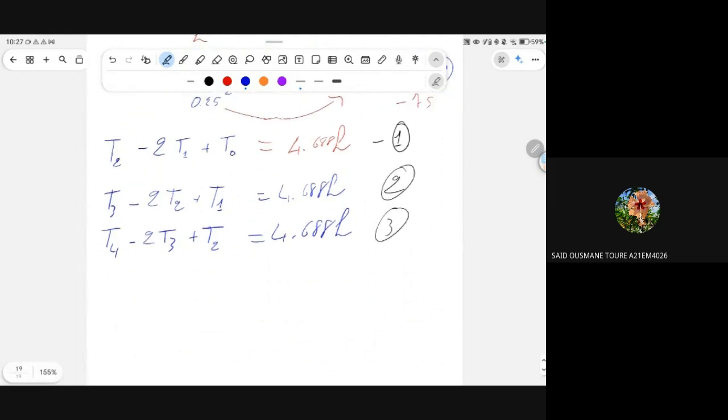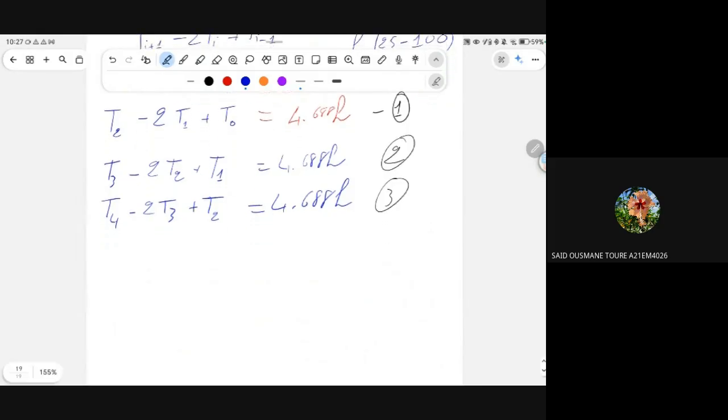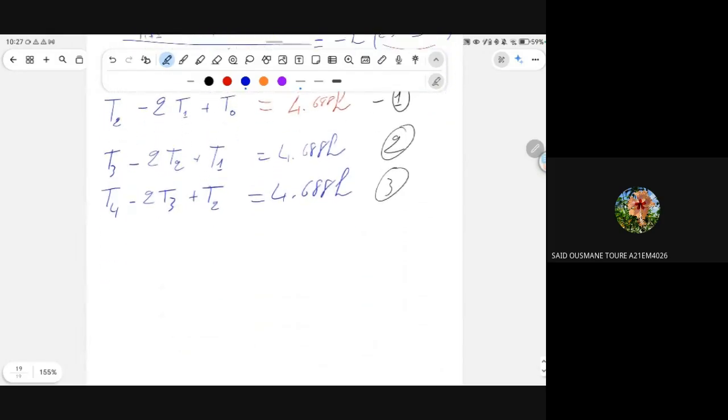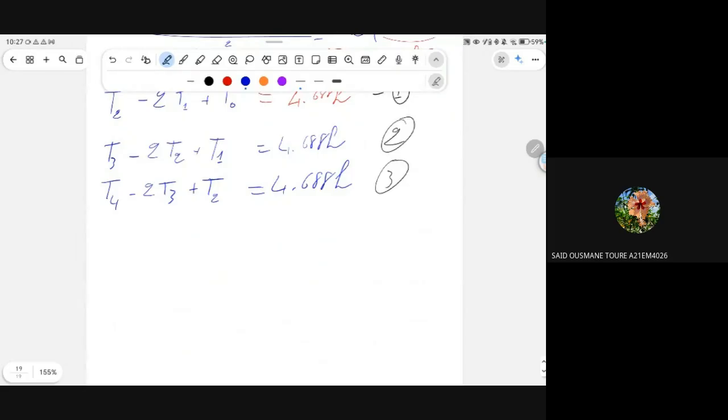With h equal to 0.01, it is just equal to 0.0469, right or wrong? I believe this is what we receive as a result.